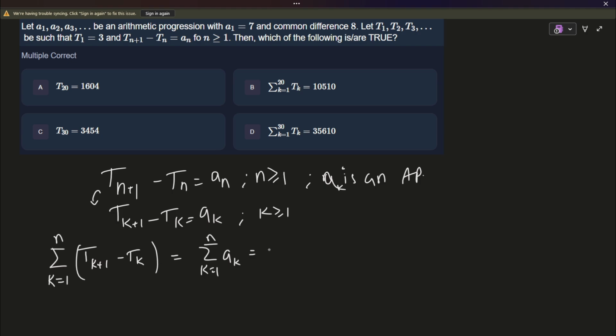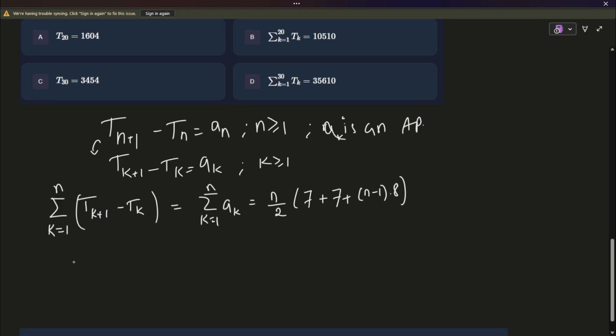Now, what is the value of this? We know that its value will be n by 2, 4 into 7, which is the first term, plus, and now, what will the last term be? The last term will be 7 plus n minus 1 into d, which is 8. Okay.